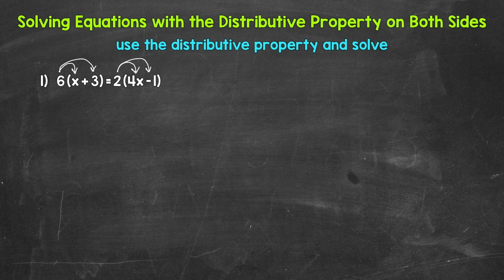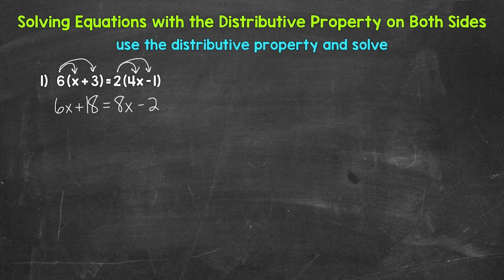So that gives us 6x plus 18 equals, and then on the right side, 2 times 4x gives us 8x, and then 2 times -1 gives us -2. So we subtract 2 here. So now 8x minus 2 on the right side.